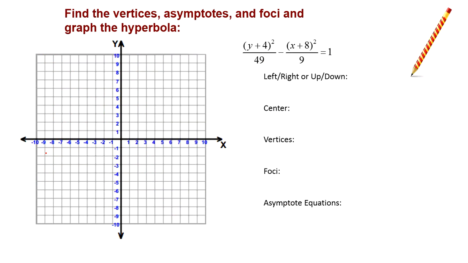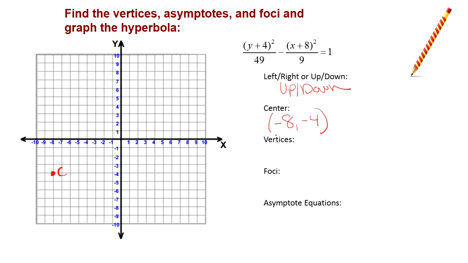Let's try another one. Here I have my left, right, up or down, and then let's find my center. Notice y is first, so it is going to be a center of (-8, -4). So right here will be my center. I do know I'm going to have an up and down one because my y is first.